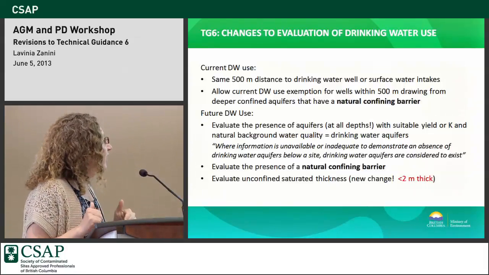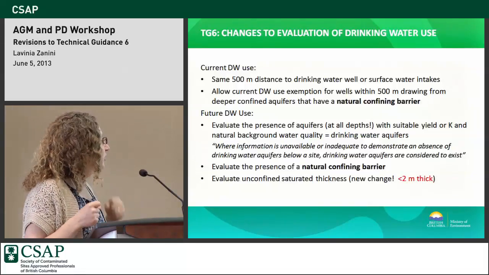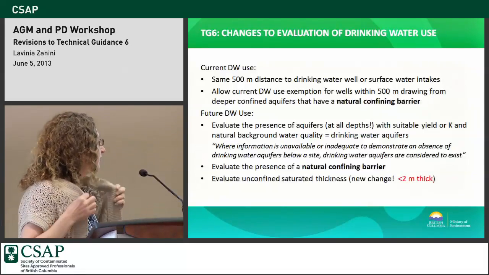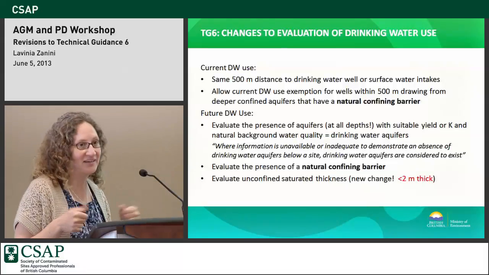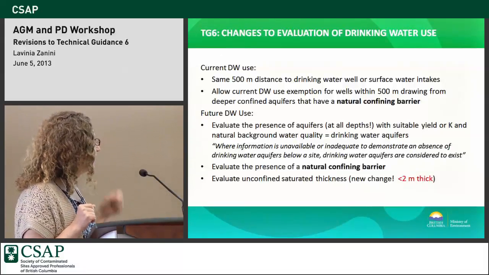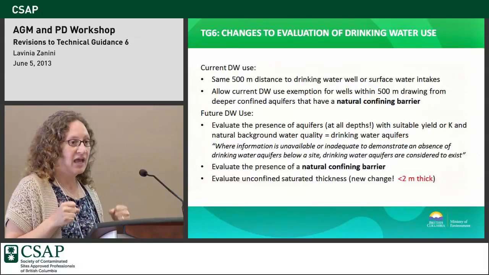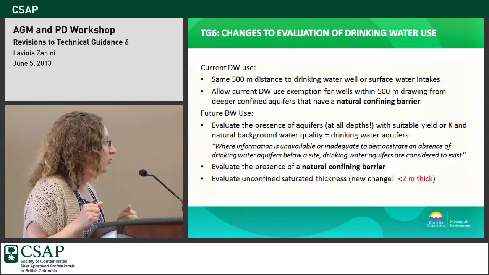And then you go and evaluate. If you have a drinking water aquifer below your site, you need to evaluate the presence of a natural confining barrier. And here's something that's new, and I put it in red. You then evaluate unconfined saturated thicknesses and also water quality.